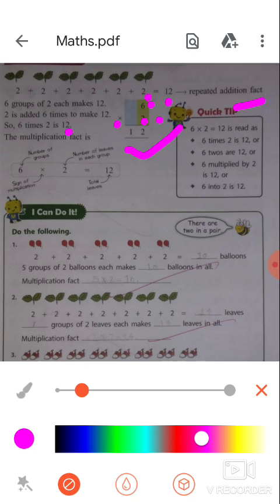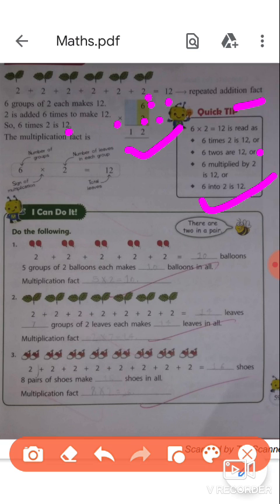So 6 multiplied by 2 equals 12 is read as 6 times 2 is 12, or 6 2's are 12, or 6 multiplied by 2 is 12, or 6 into 2 is 12. So we can read this multiplication in these forms.